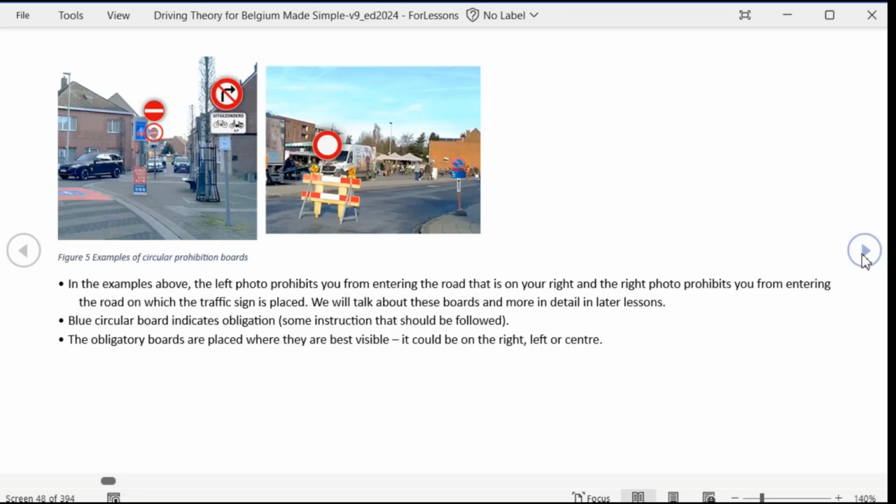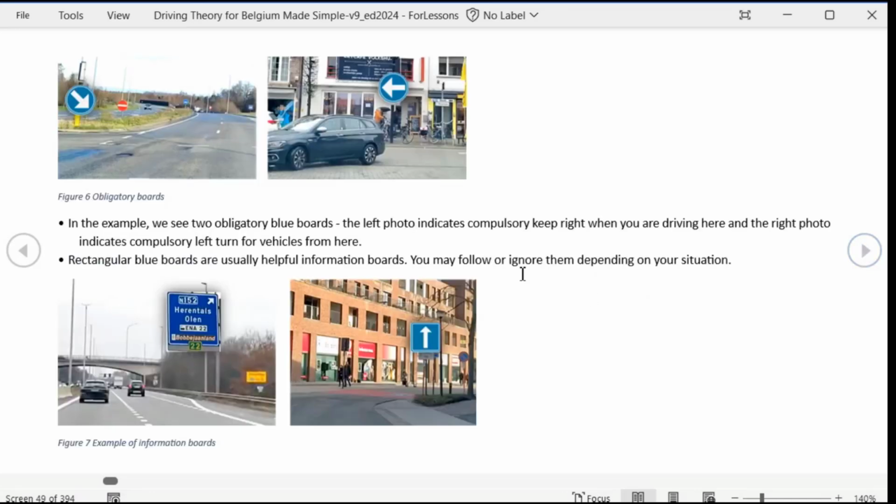Let's move here. As you can see, these are round boards again, but these are filled in blue, and these are obligation boards. Here it says you must turn left. You're not allowed to turn right. And here it indicates that you must drive here.